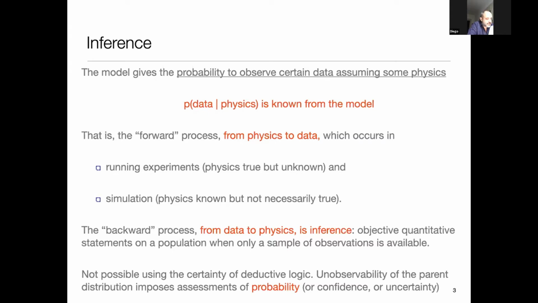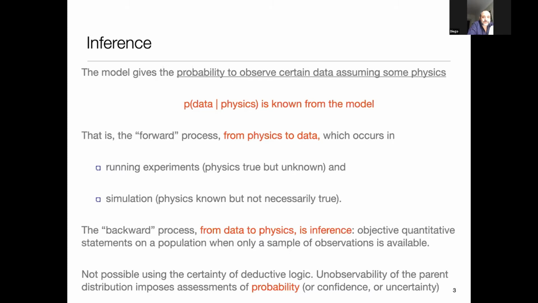And this process happens when you run an experiment, because of course the physics is there, you just don't know it, and all you see is the data. And it also happens when you run a simulation, where you know the physics because you have written it into your simulator, even though it's not necessarily the true physics that nature has, and you produce simulated data.